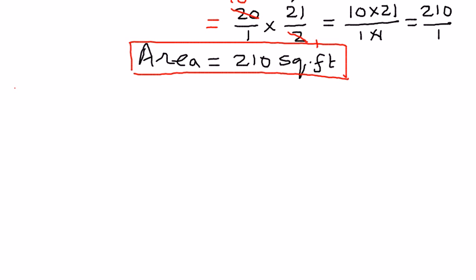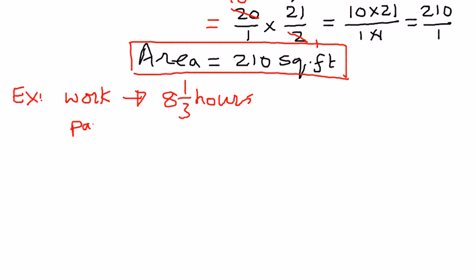Let's look at another example. In this example, let us say you are working at a place and you work for 8 1/3 hours, and your pay is $15 per hour.